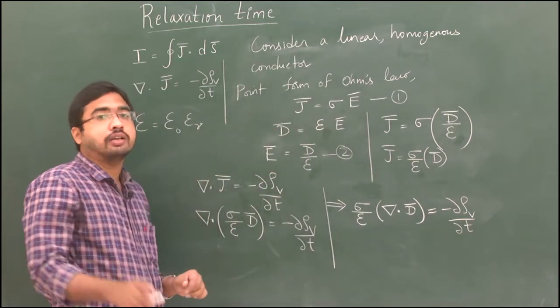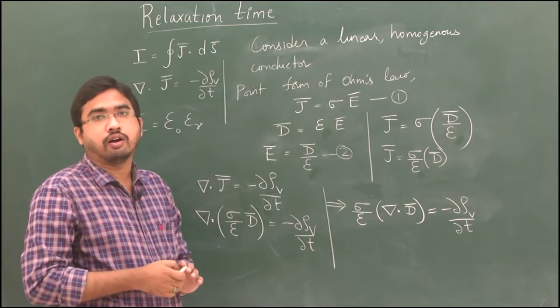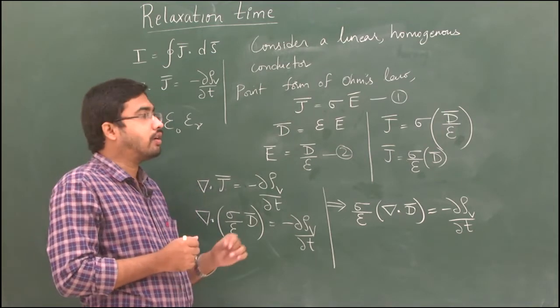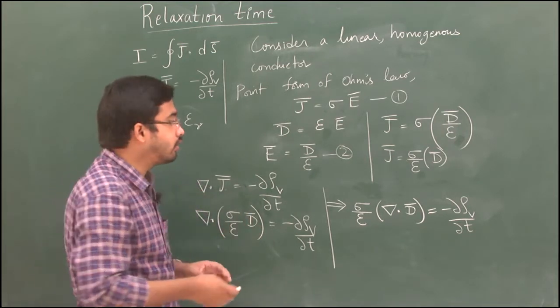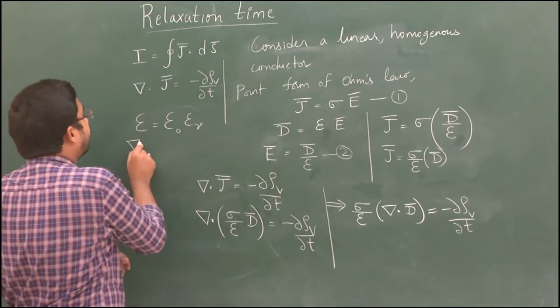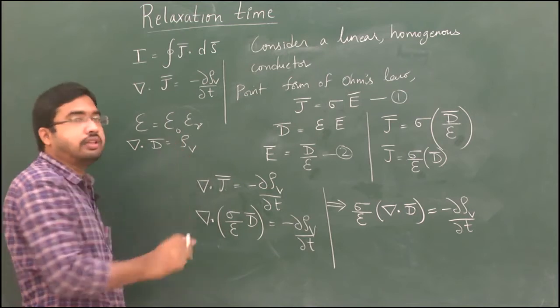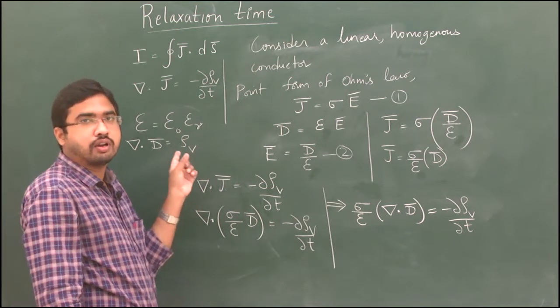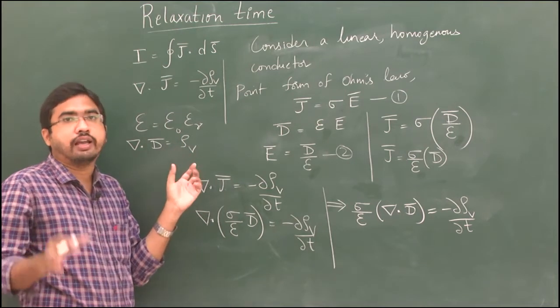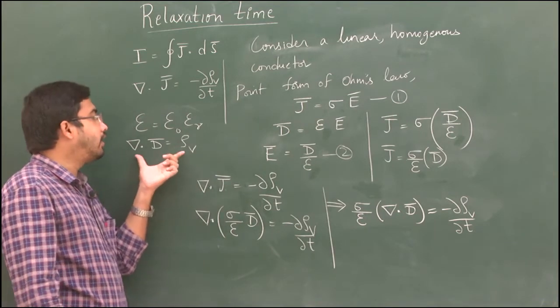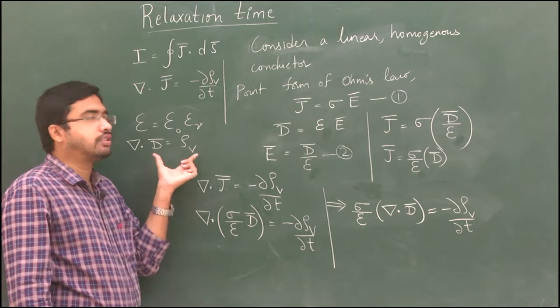But from Gauss law, Maxwell's first equation, what is it? We know that del dot D bar is equal to rho v. We already derived this in the first unit from Gauss law, while explaining divergence: del dot D bar equal to volume charge density rho v.